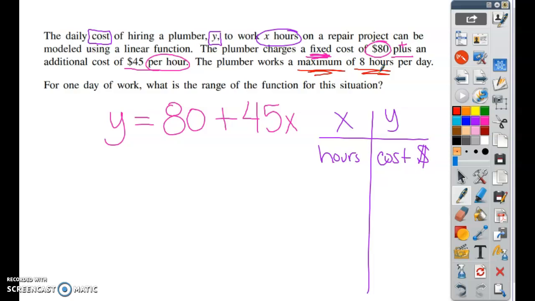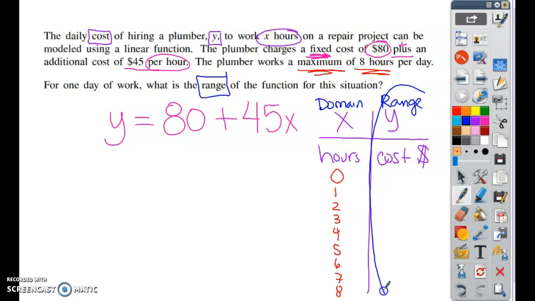So no more than 8 hours. So he can work 0 hours. He can work 1 hour, 2, 3, 4, 5, 6, 7, all the way up to 8 hours. Right? Okay. It's asking me for the range. Range is the y. Domain is the x.